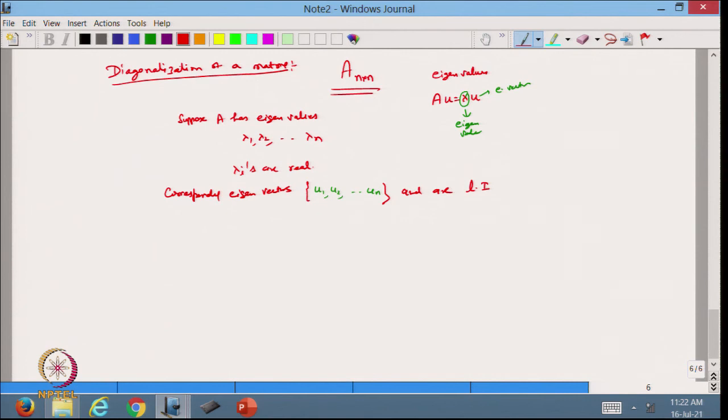So, now I take the basis B as these n eigenvectors, which I take as a set, because they are linearly independent. So, it is a basis of R n. Now, from here I will write that.